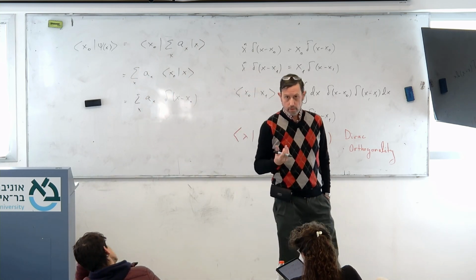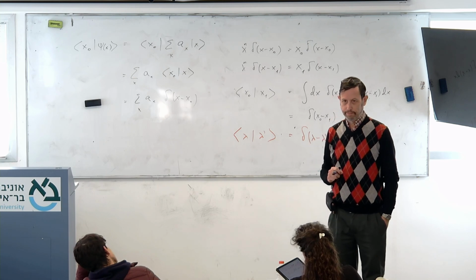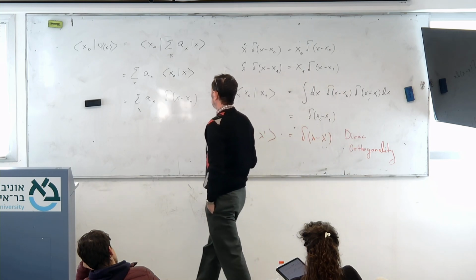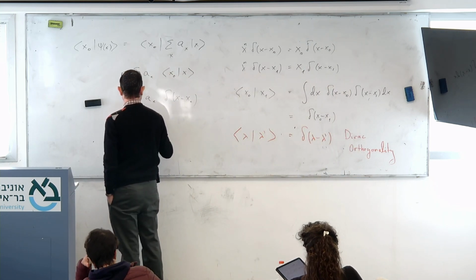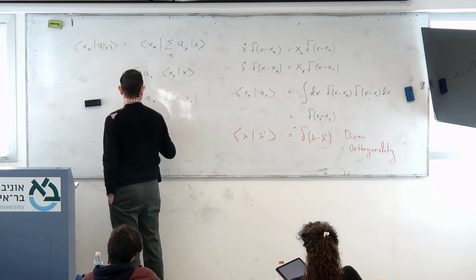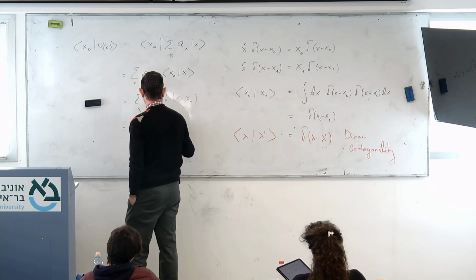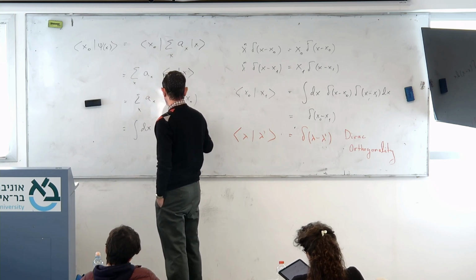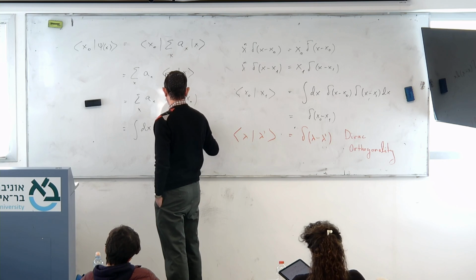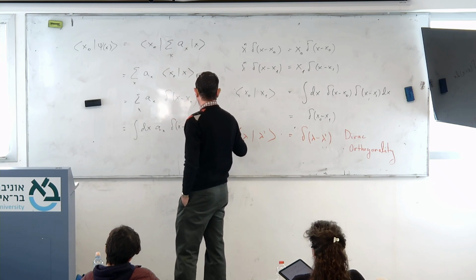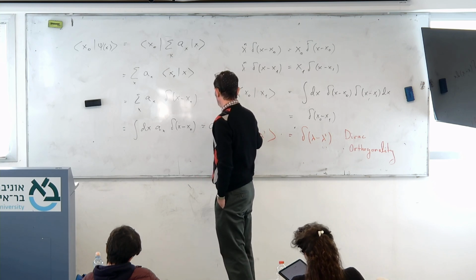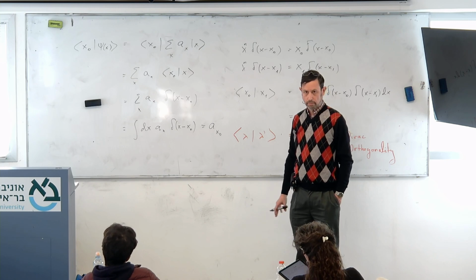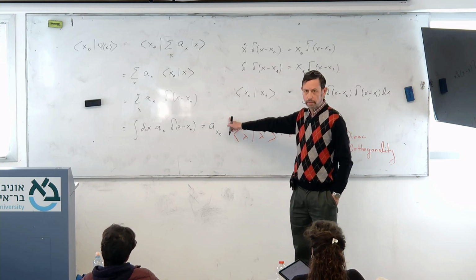Because it's Dirac orthogonality between x and x0. Fine. What does it mean?